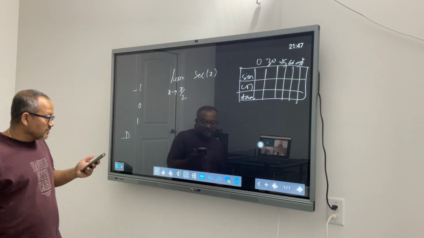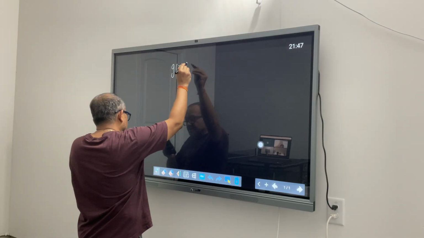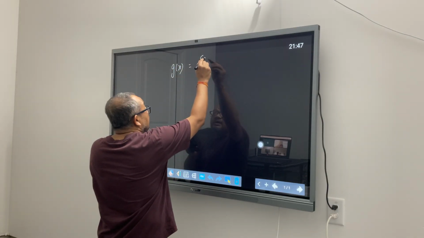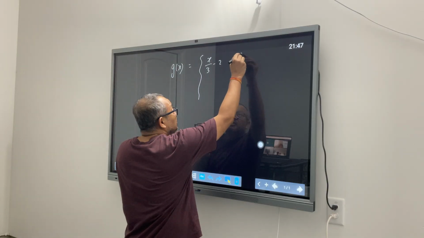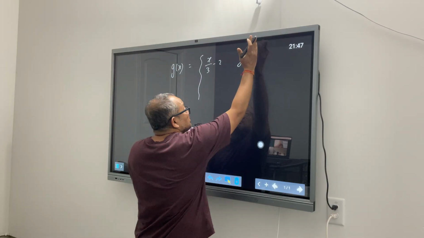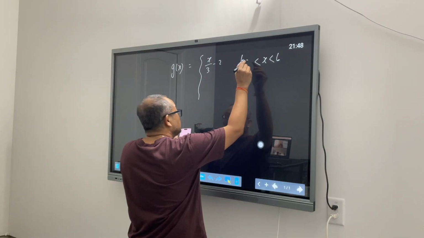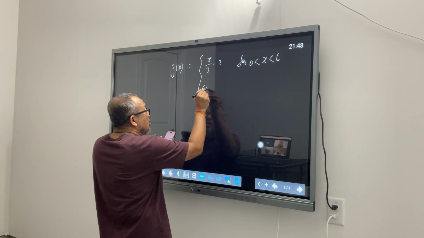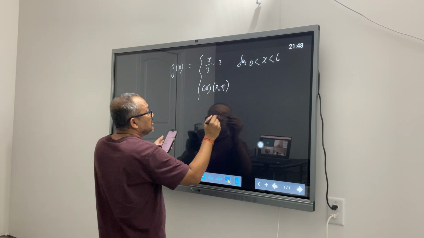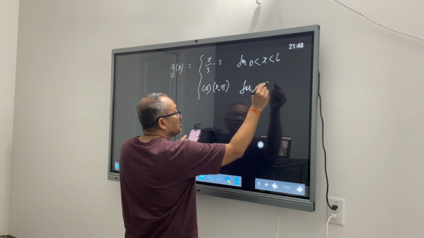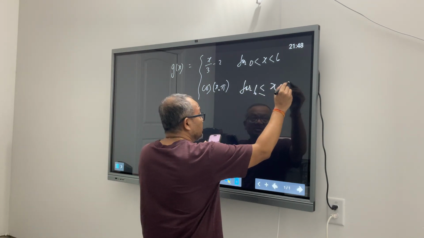Here comes a piecewise function. Now we have a function definition like this: g of x equals x by 3 minus 2 for x less than 6 and greater than 0, and this is cos of x times pi for x greater than or equal to 6 and less than or equal to 10.